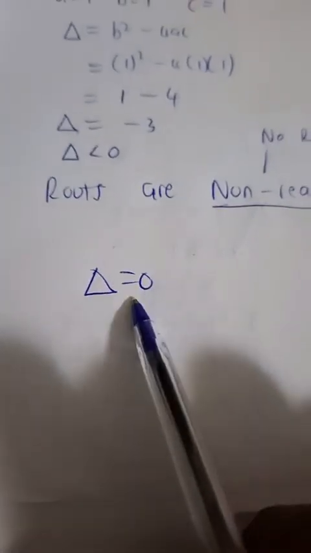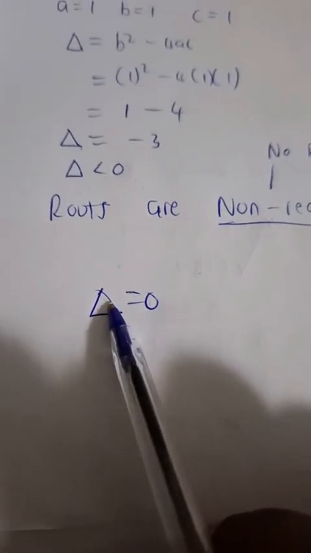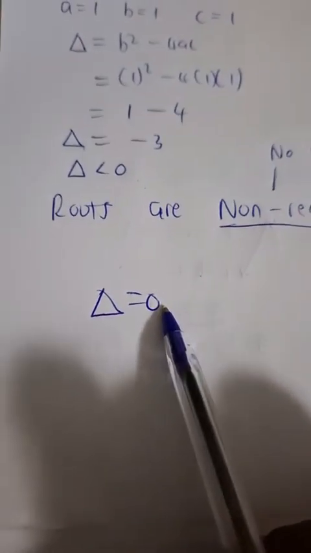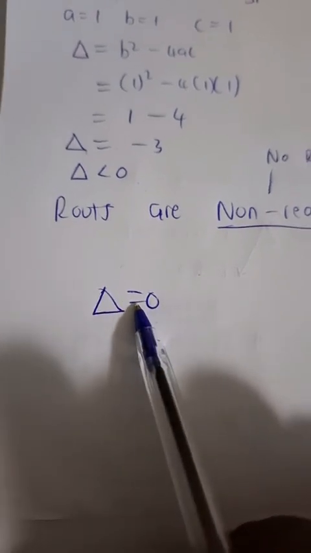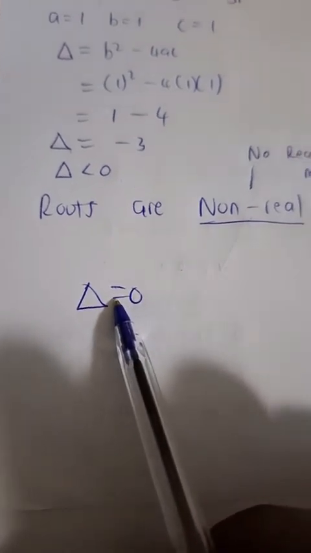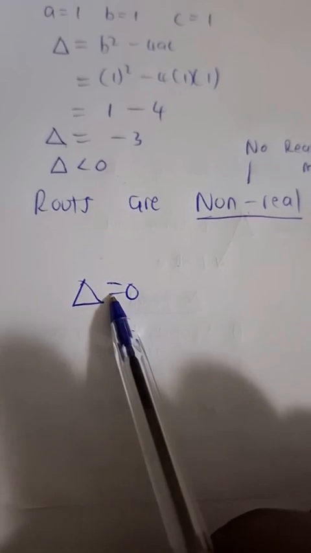Okay, right. I just wanted to say the following, maybe as a conclusion. If you work it out and get to a place where delta is equal to 0, are you with me? It means delta is a perfect square.